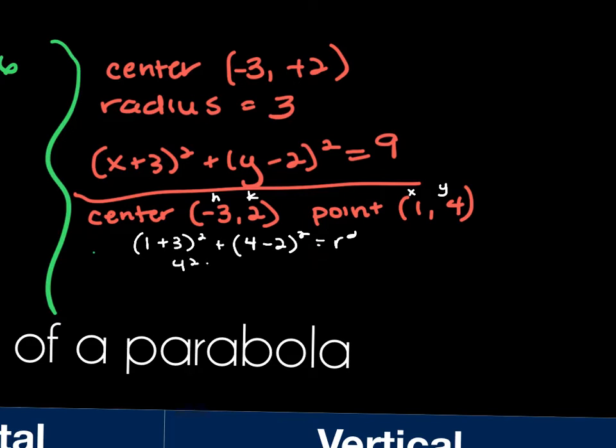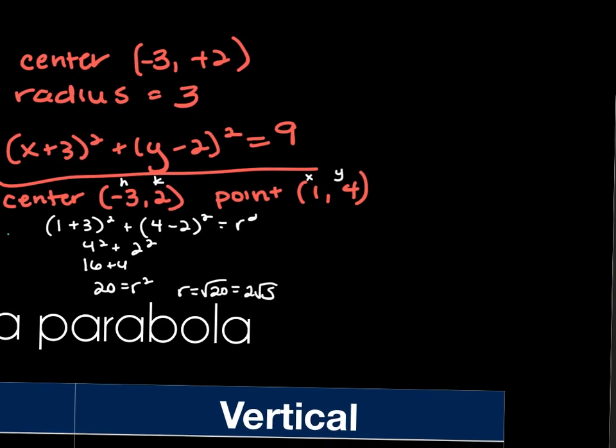And I'd get 4 squared plus 2 squared, 16 plus 4, 20 equals r squared. R would be square root 20 or 2 root 5, but if it just asked for the equation, it'd be x plus 3 squared plus y minus 2 squared equals 20, because that's r squared.